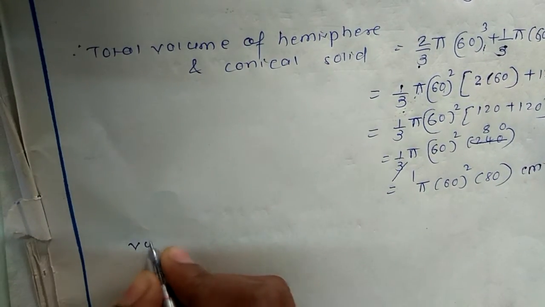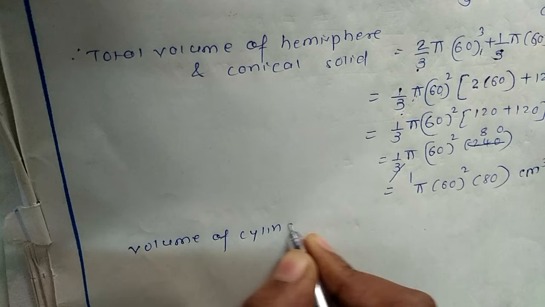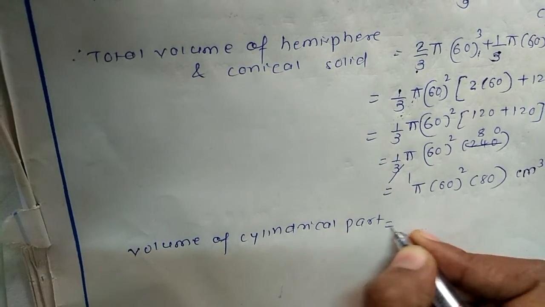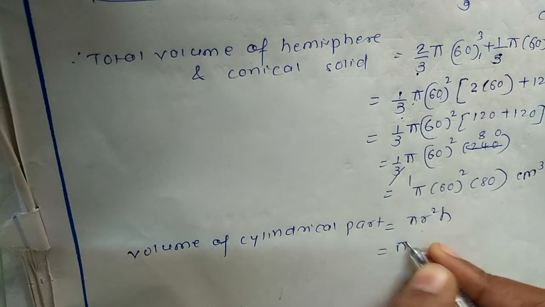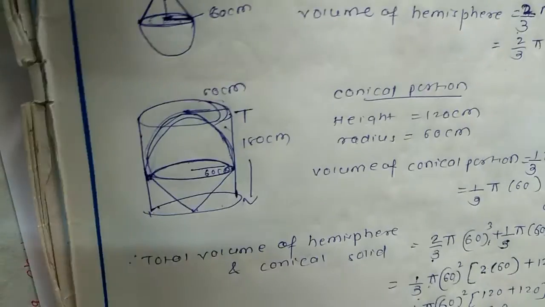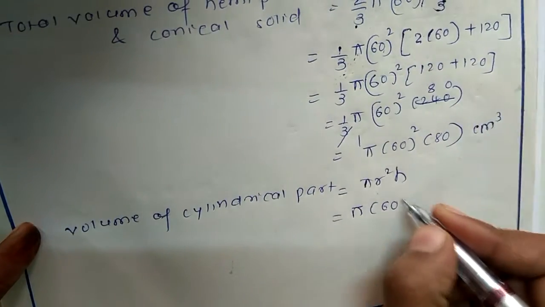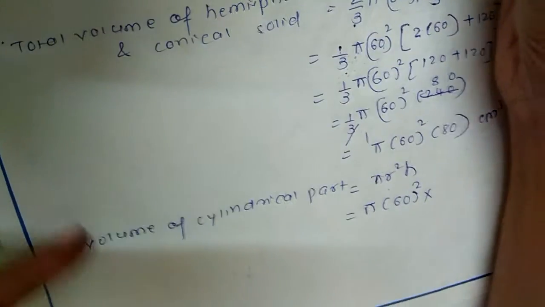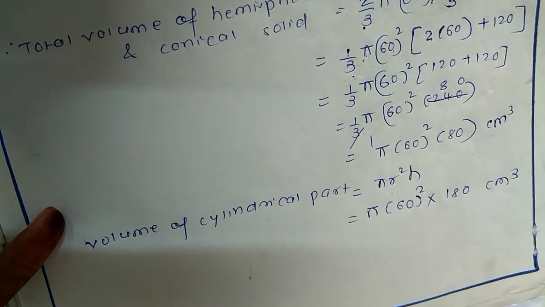So let us find out volume of cylindrical part. So volume of cylinder is pi r square h. Pi I'll keep as it is, r is 60 here, you can see 60 is the radius, its square, and height is given, height is 180, that is cm cube.